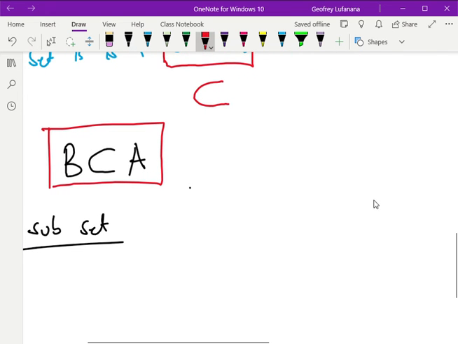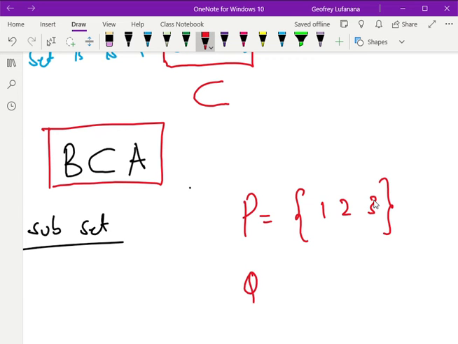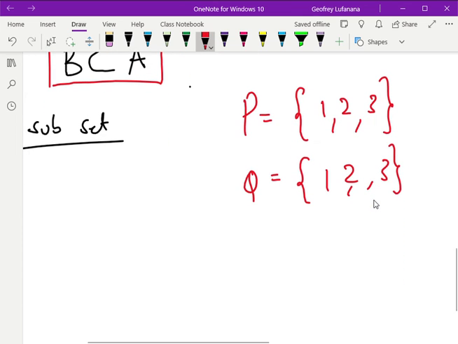Let's use a set P whose members are 1, 2, 3, and set Q whose members are also 1, 2, 3. Now, first and foremost, these sets are equal, okay? But you would say that set P is a subset of set Q, okay?